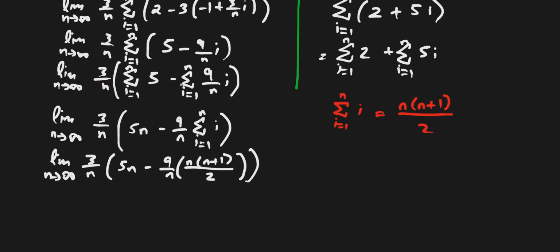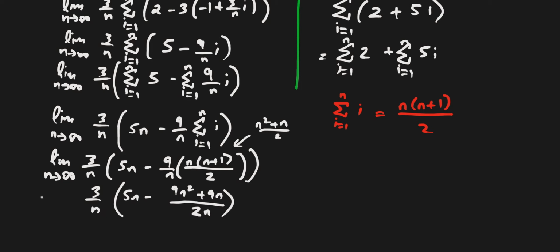Okay. So this just becomes n squared plus n, so this is just n squared plus n over 2. So this just becomes 9n squared plus 9n over 2n. And then obviously this is times 3, and we have all this stuff here. I just didn't write that, so we can write that first.